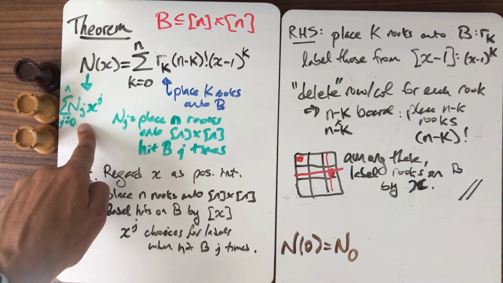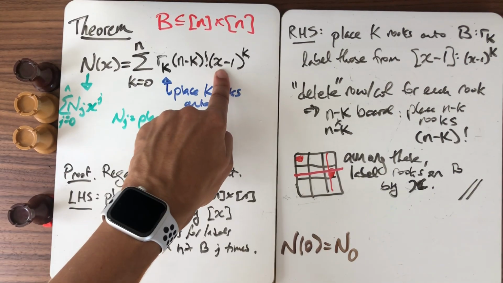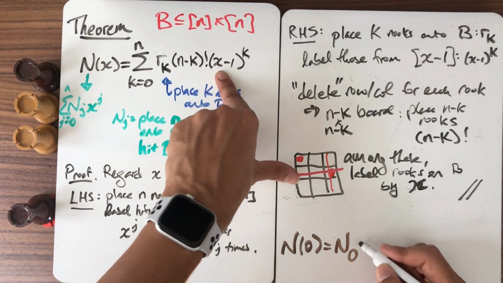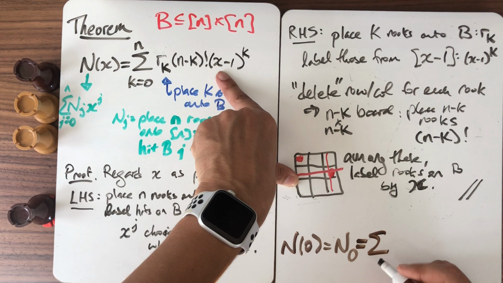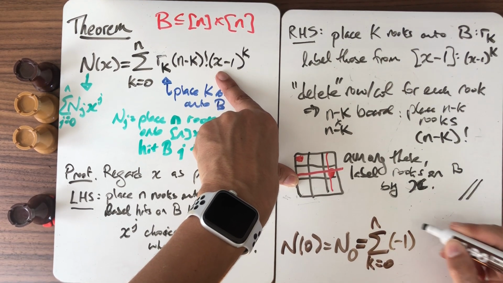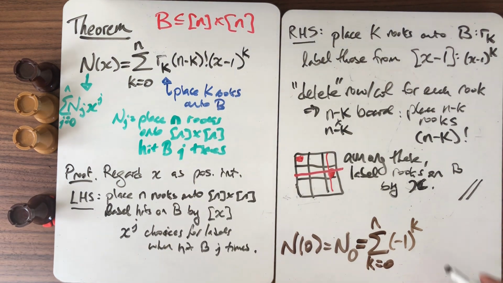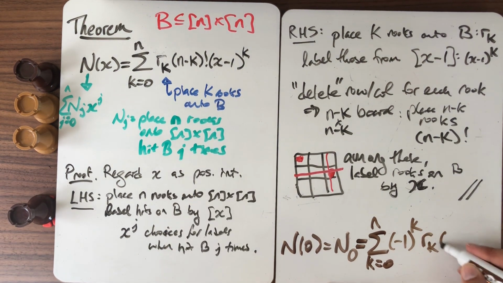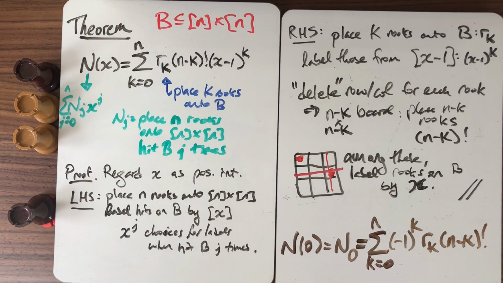Only that guy, the constant term, survives, but over here it's a little more exciting because I have this x minus 1. So this is the sum from k equals 0 to n of (-1)^k, that's coming from here, the rook number times (n minus k) factorial. So that's why we're getting this interesting analog of the derangement problem. That's why we're getting this nice generalization of it.